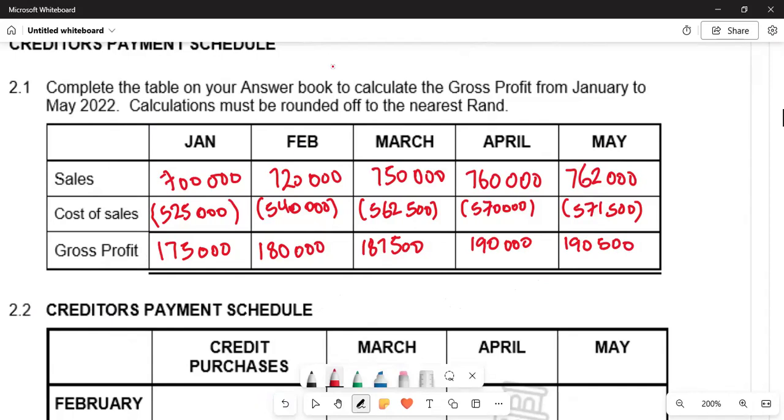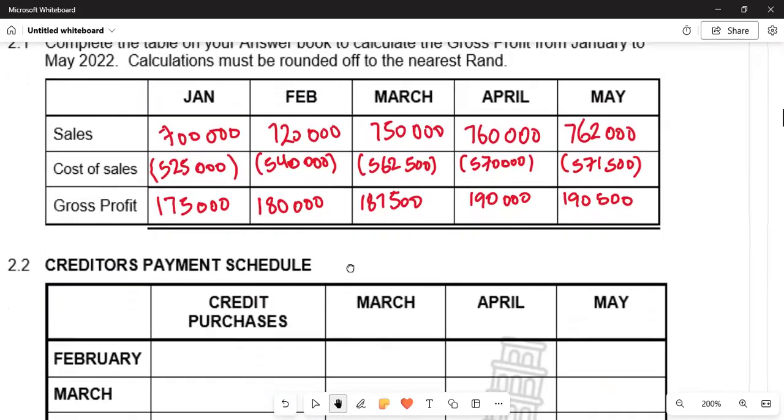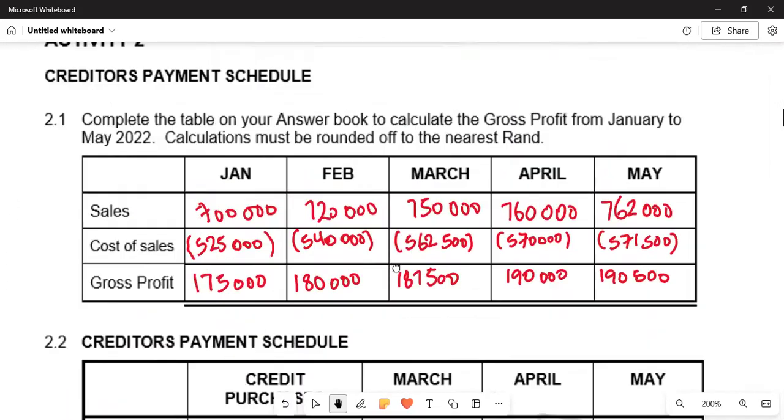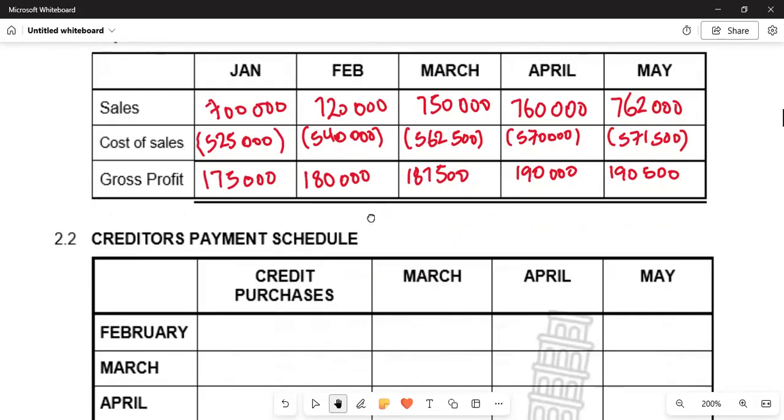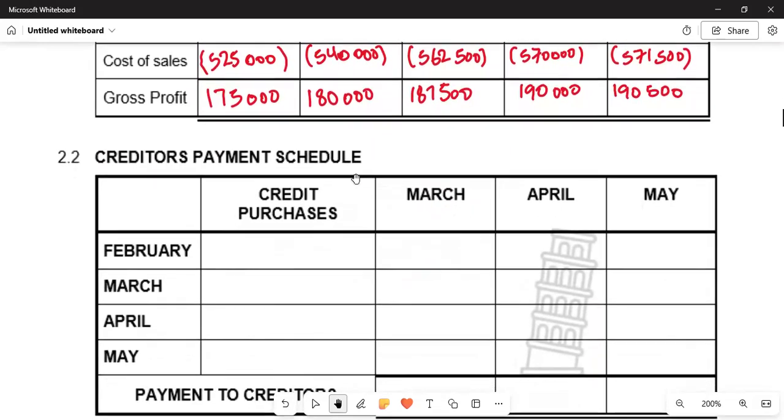So now we are going to move on to the creditors payment schedule, because we're asked to do the creditors payment schedule. So we are going to try to calculate it. We are told to do the creditors payment schedule for March, because these are the budgeted months, March, April, May.